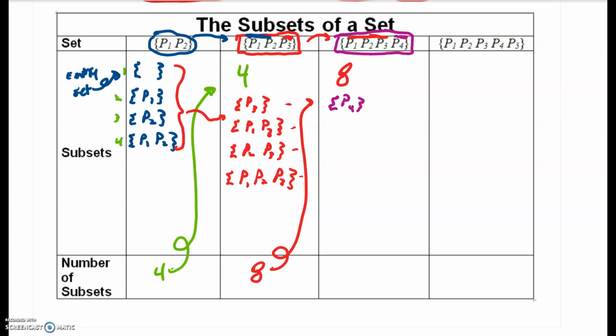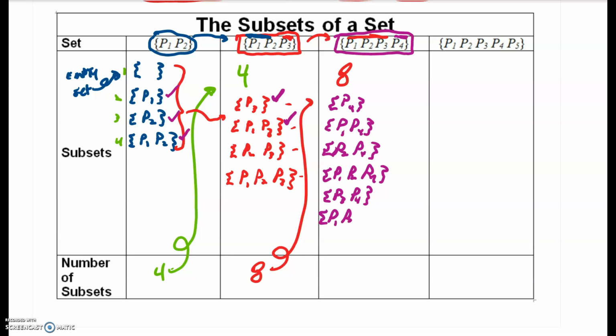If we have the set with just player 1, we add player 4. The set with just player 2, we can add player 4. The set with players 1 and 2, add player 4. The set with just player 3, we can add player 4. The set with players 1 and 3, we can add player 4.